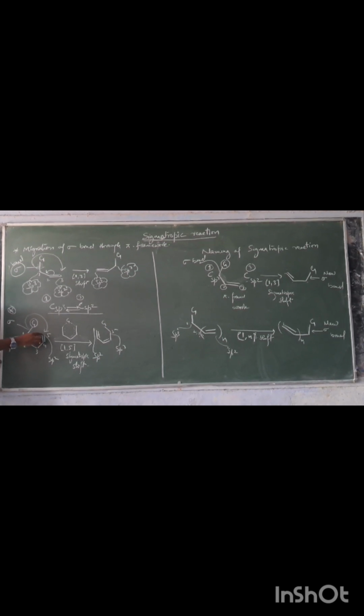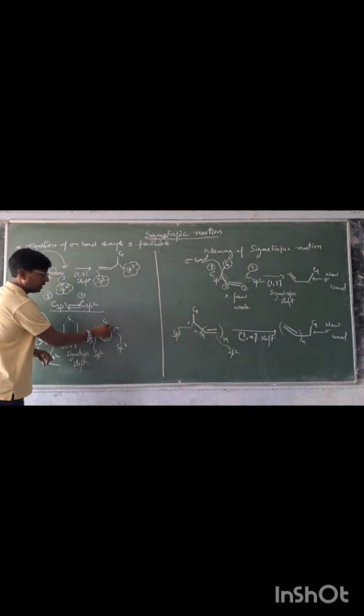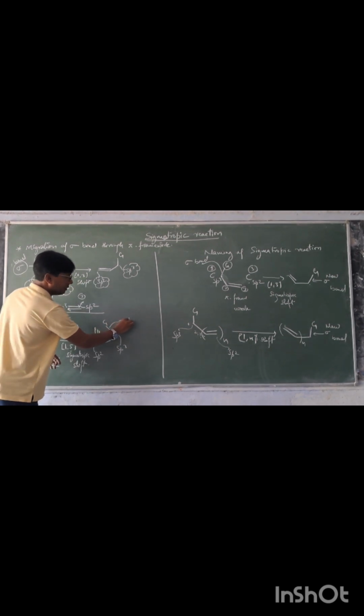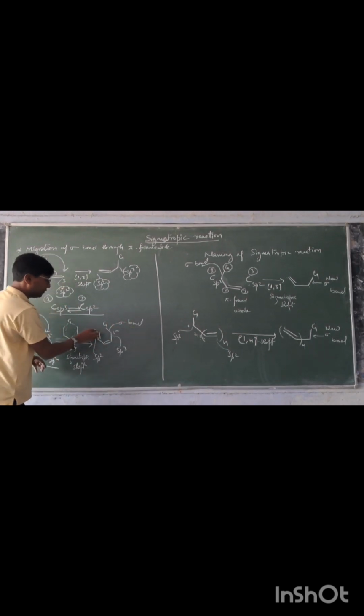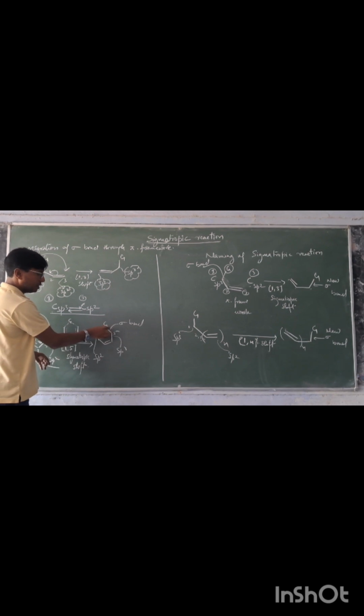Therefore, the migration will take place to the last p orbital, at carbon number 5. Again, we can view this as conversion of the origin carbon from sp3 to sp2, and formation of a new sigma bond over carbon number 5.